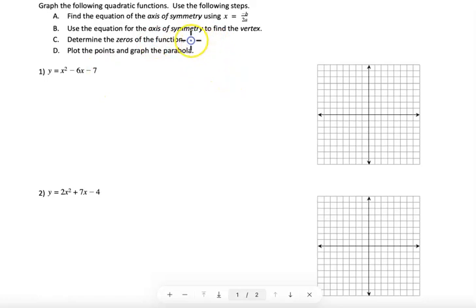Part C, determine the zeros of the function. So remember that we do this by solving by factoring. So all you do is set x squared minus 6x minus 7 equals 0. Solve that. That gives you the zeros. Remember, these are the x-coordinates of the x-intercepts.